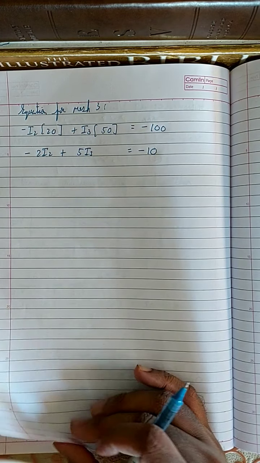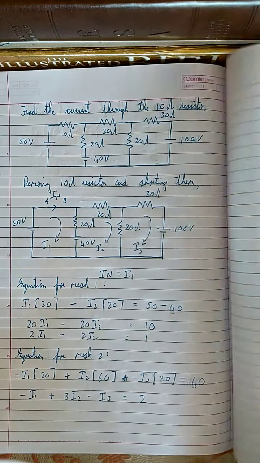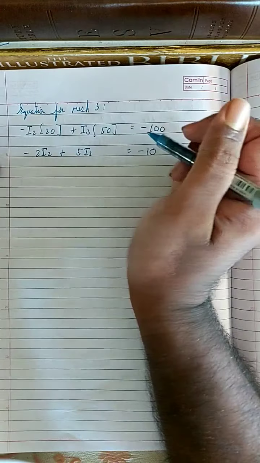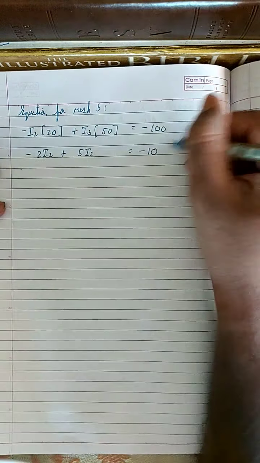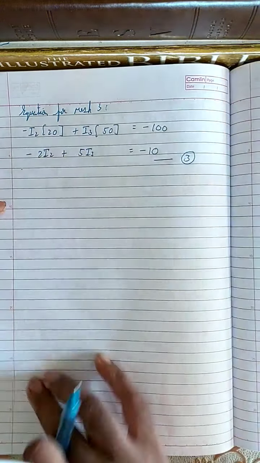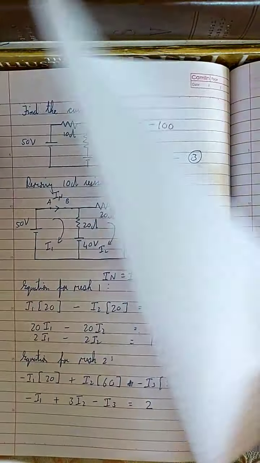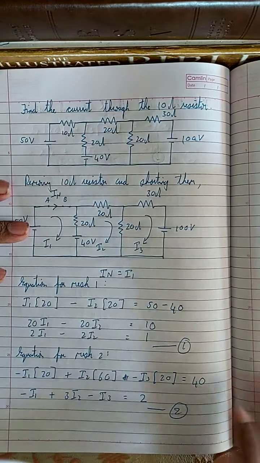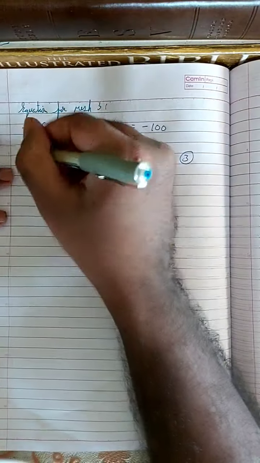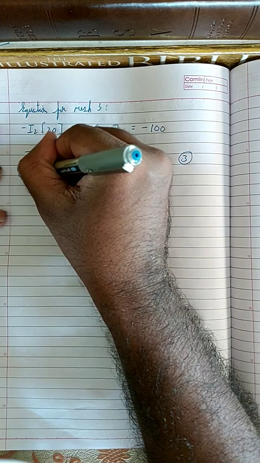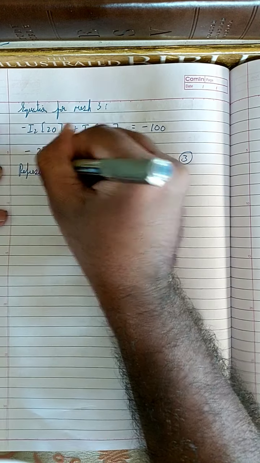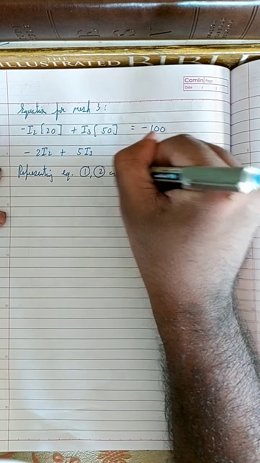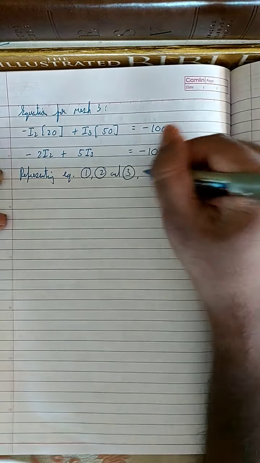So now I am going to apply the matrix method to find the value of I1. Representing equations 1, 2 and 3 in matrix form.